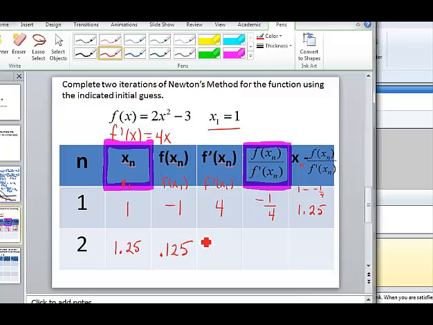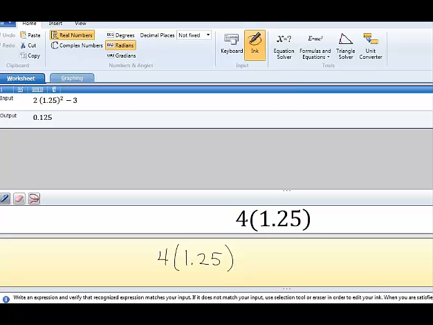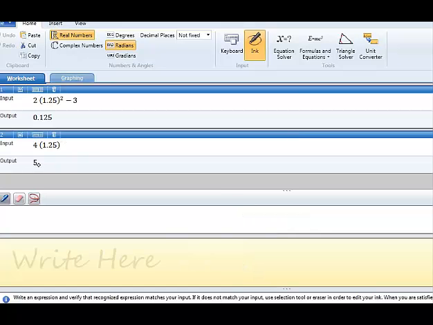0.125. F prime of x sub 2, you're going to plug 1.25 in for your x. So we'll write 4 times 1.25, and that gives me the answer of 5.